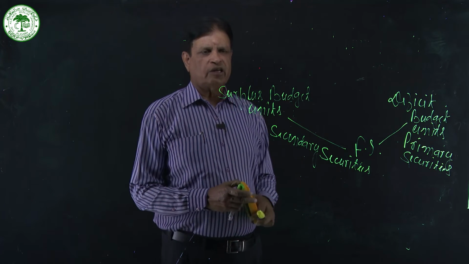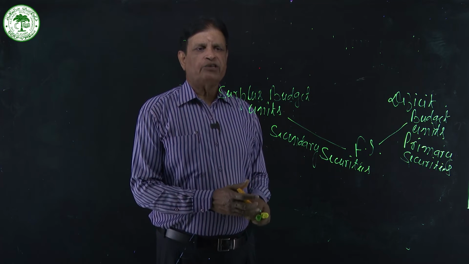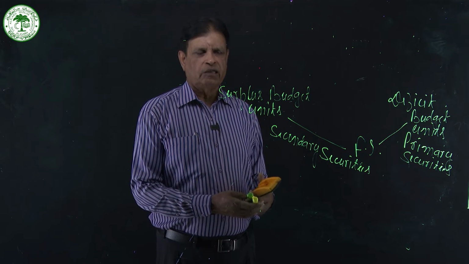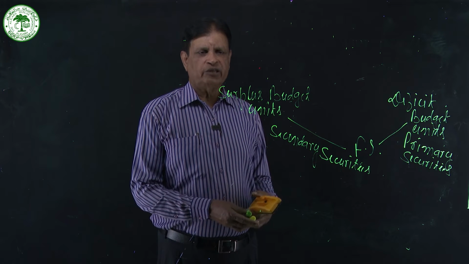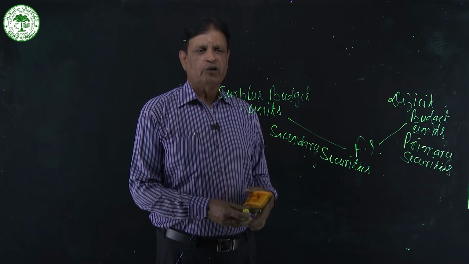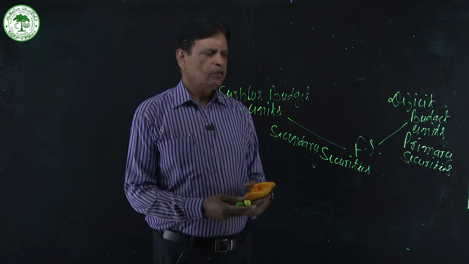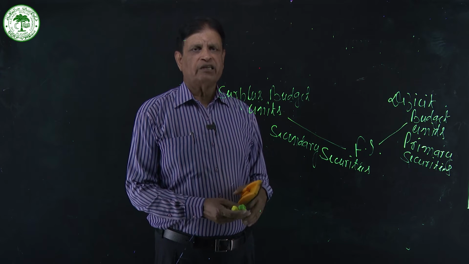Primary securities are issued by the ultimate user of the fund or ultimate borrower. The ultimate borrower is the entity, individual or company who not only borrows the money but also uses it. Financial intermediaries also borrow money, but they do not use it.